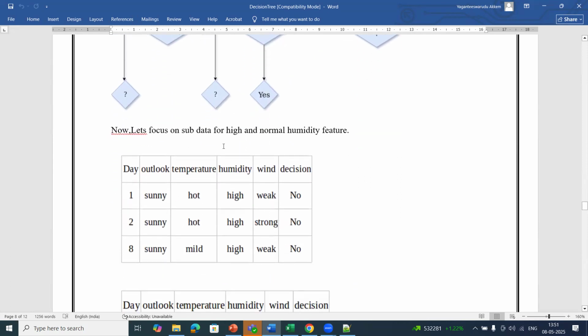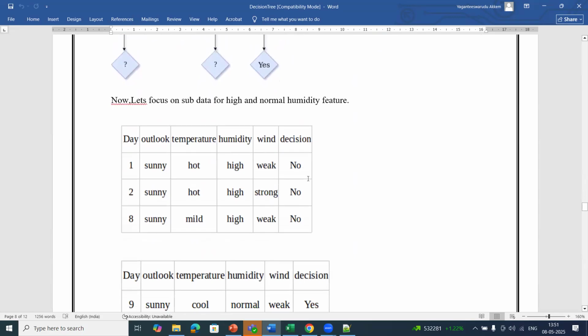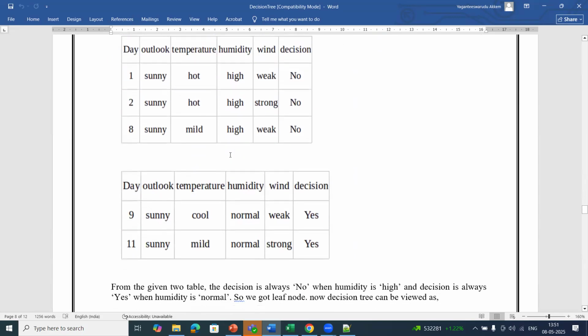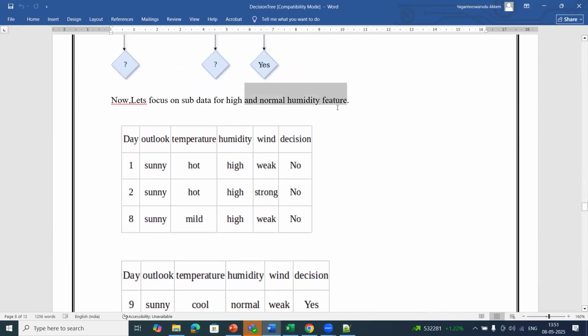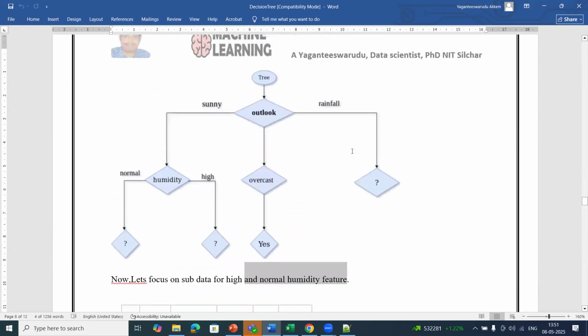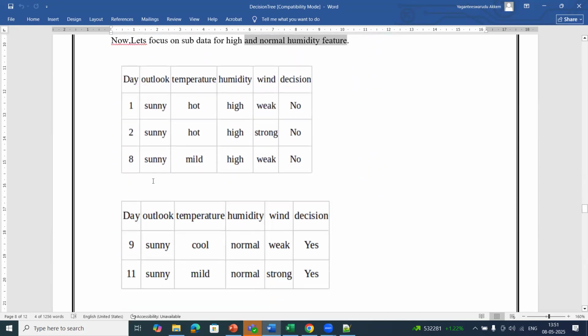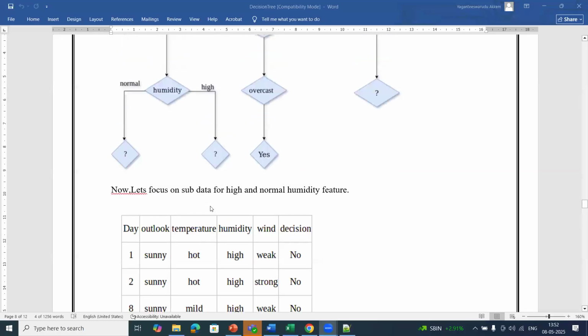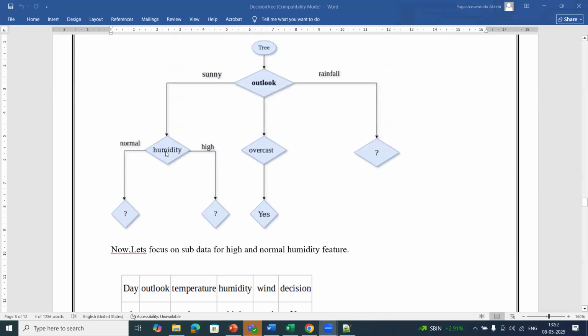And again consider outlook equal to rainfall. Or here, what I am doing is humidity normal and high. Now outlook is sunny, and humidity is normal and humidity is high.